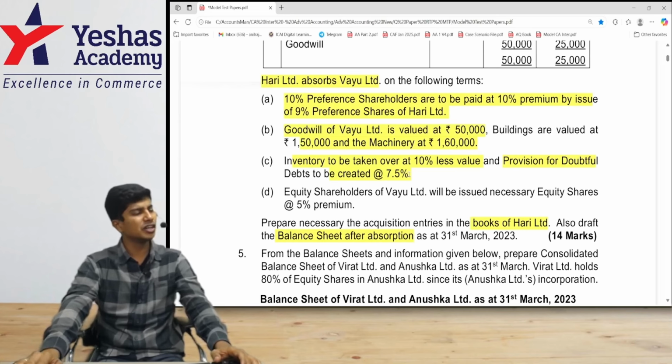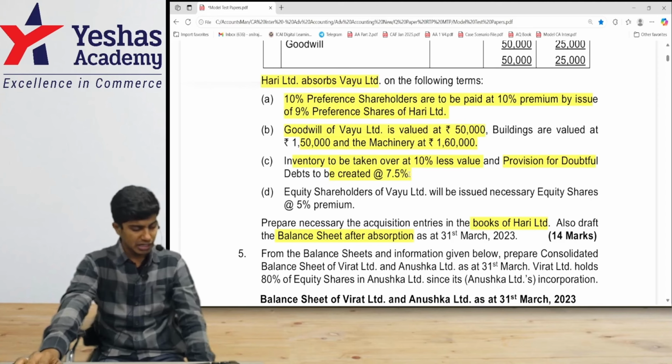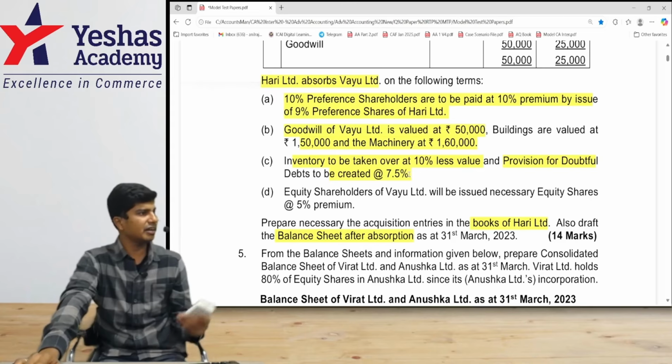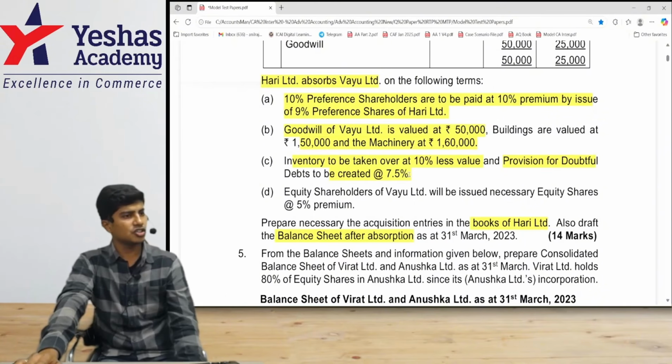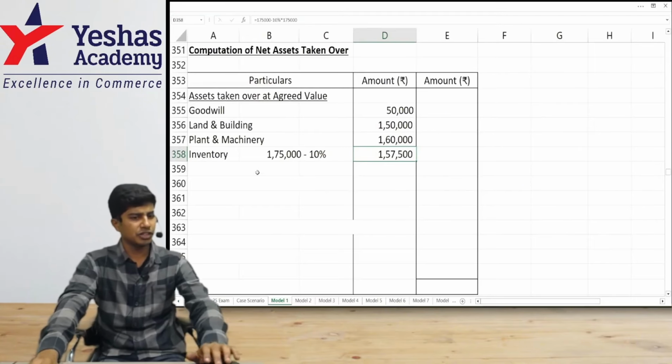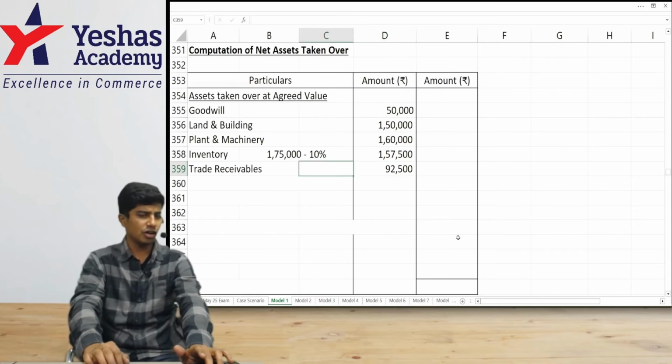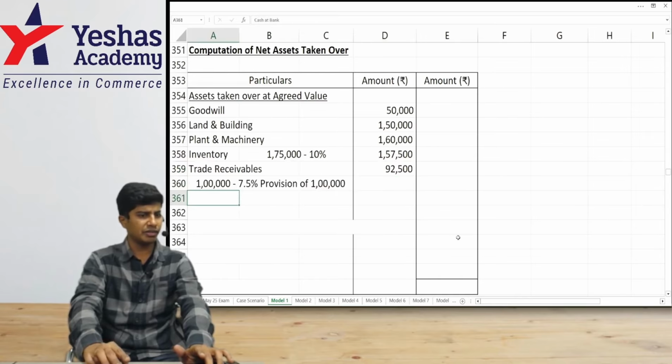Provision for doubtful debts is not a decrease in asset, it's a liability. So write it separately. I write trade receivables 1 lakh, and show provision for doubtful debts 7,500 as a separate item.